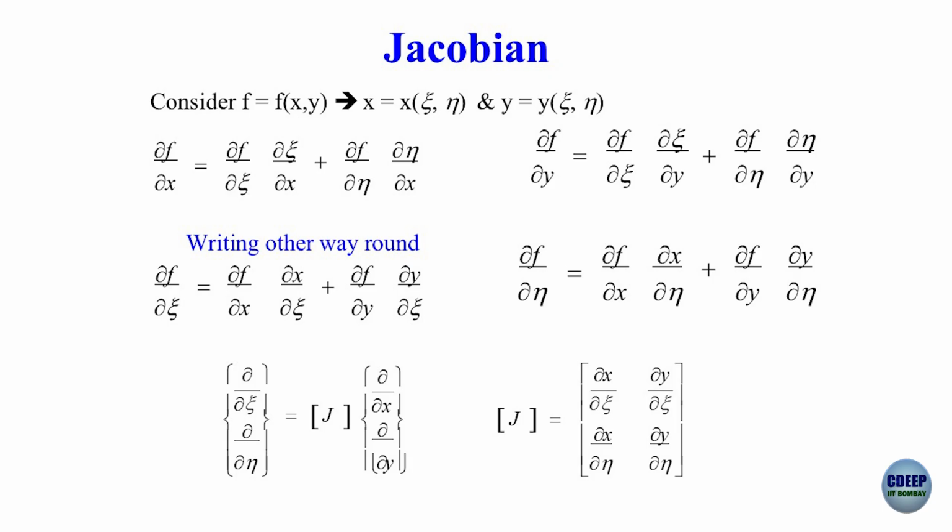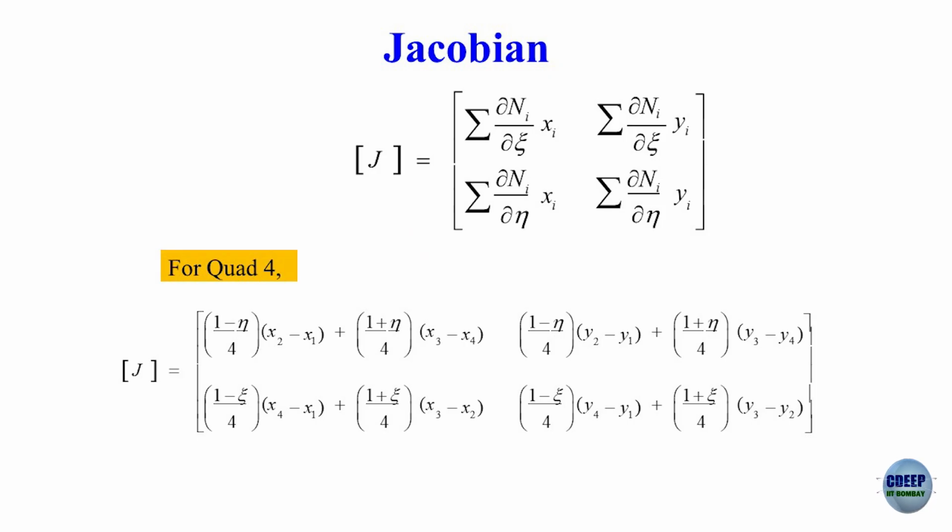But what is dou x by dou zeta? One element if you focus on, x is a function of zeta and eta. So, there is a detailed calculation there. X is given in terms of nodal coordinates x1, x2, x3, x4 through the shape functions. Y is given in terms of nodal coordinates y1, y2, y3, y4 through the shape functions.